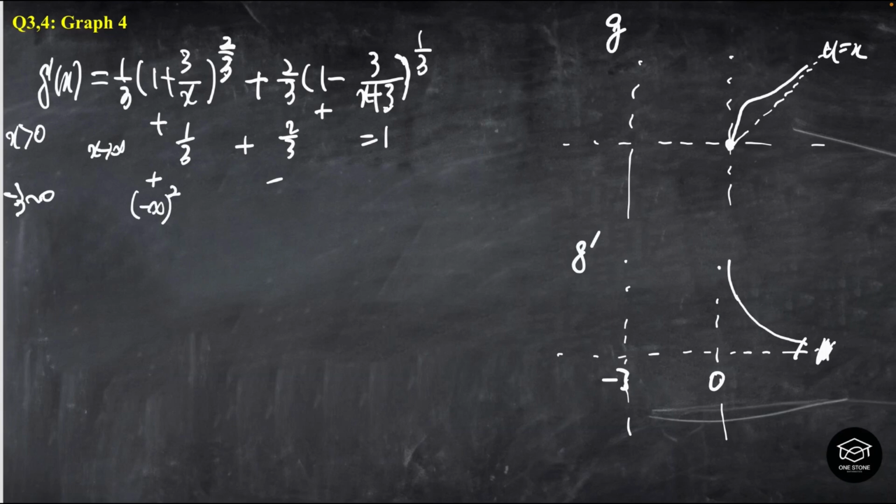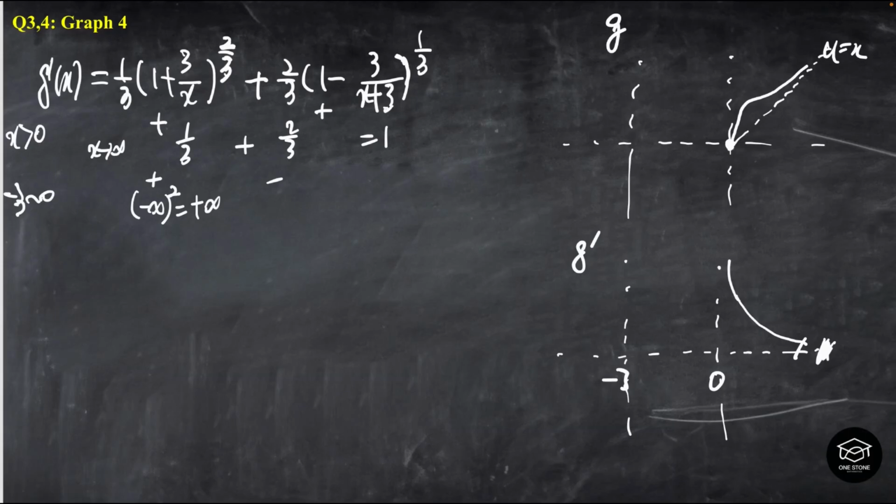So the whole quantity inside goes to negative infinity. But since it's raised to the 2/3 power, which is like taking an absolute value and then a root, the result becomes positive infinity. For the second term, that's 2/3 times the quantity 1 minus 3 over x plus 3, all raised to the 1/3.